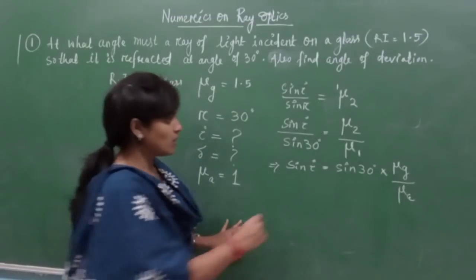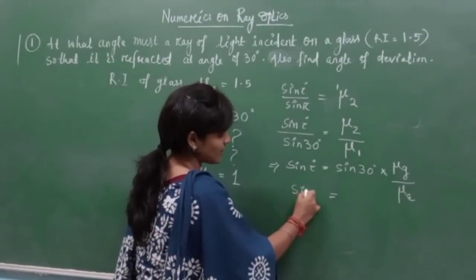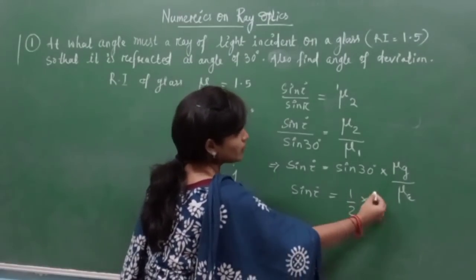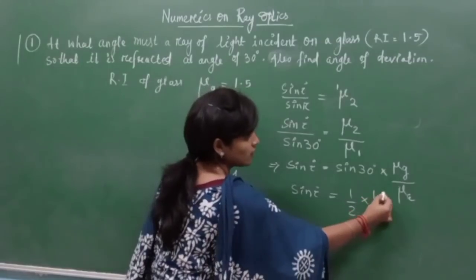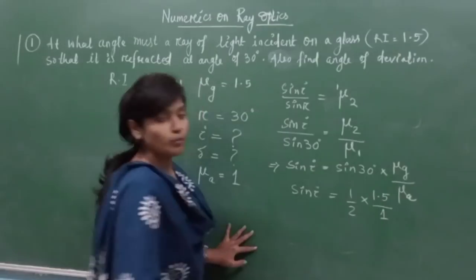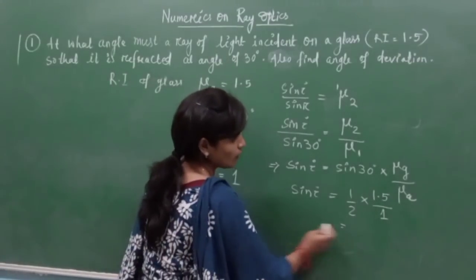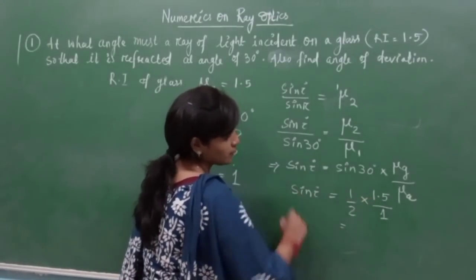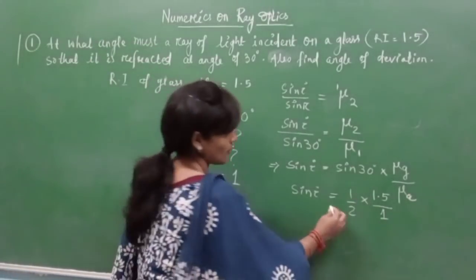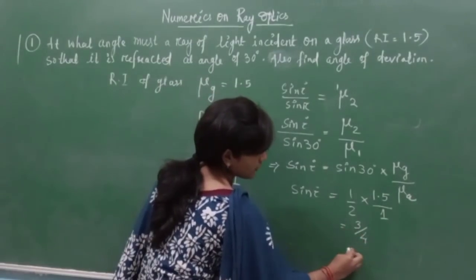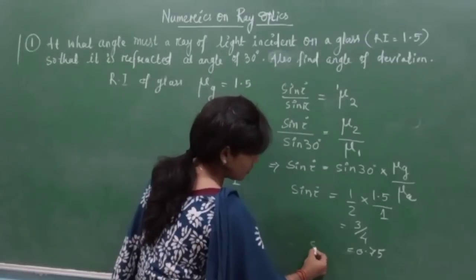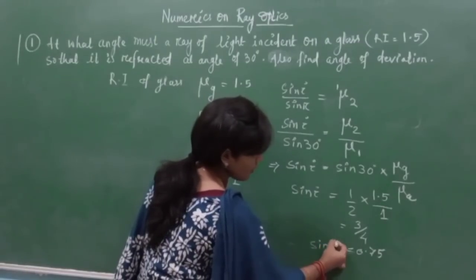Substituting the values, sin I by sin 30, where sin 30 equals 1 by 2, mu g is 1.5, and mu air equals 1. So sin I equals 1.5 times 1 by 2, that is 3 by 2 by 2, which is 3 by 4, equal to 0.75, and I equals sin inverse 0.75.